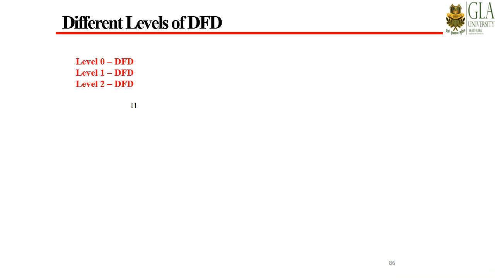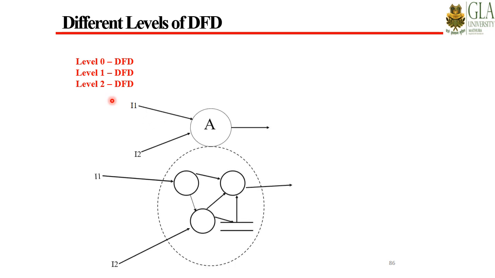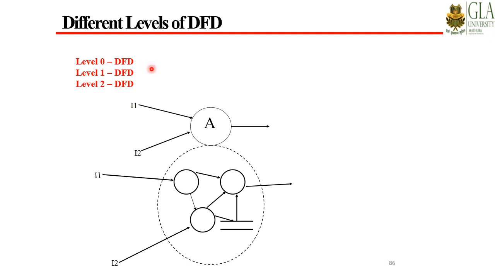Now the different levels of DFD, or the different levels up to which we can draw this data flow diagram in order to provide the required information in the required formats to the developers or to the user, on the basis of which further development will be done. So we can draw this data flow diagram up to three different levels.